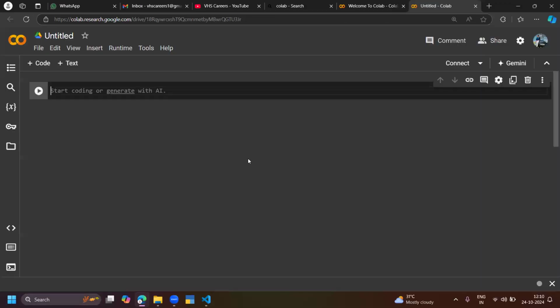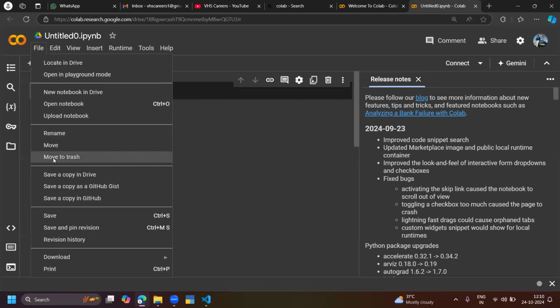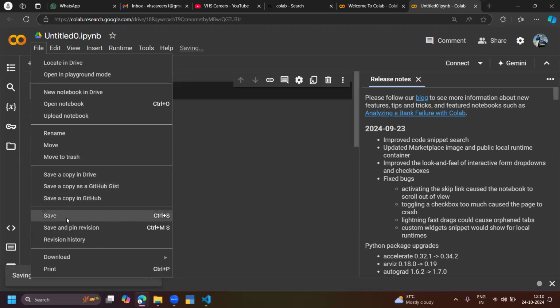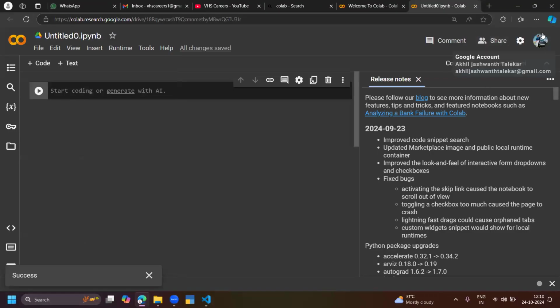Why? Because instead of Visual Studio Code, this IPYNB Jupyter Notebook file is actually good. It is easy to understand. Save a copy into the Google Drive. I want to change the Google Drive here to VHS carriers.